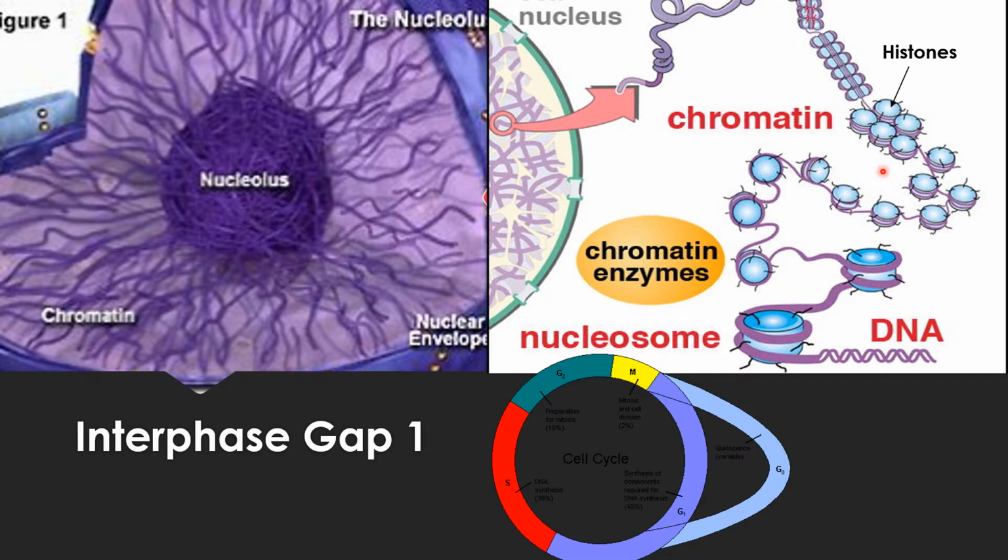With the need of millions of those histones to tightly coil up those chromosomes, chromatin enzymes are at work during this phase, and they are facilitators and restrictors of gene expression.